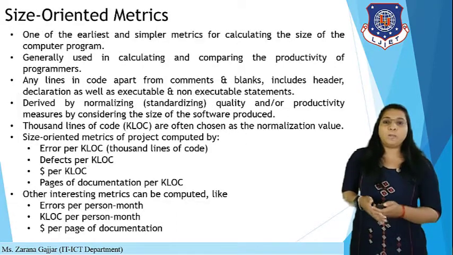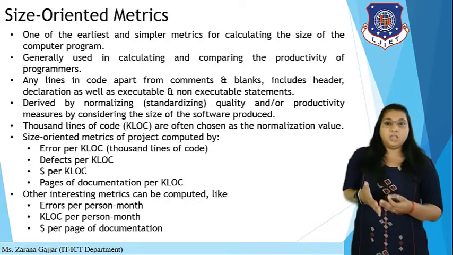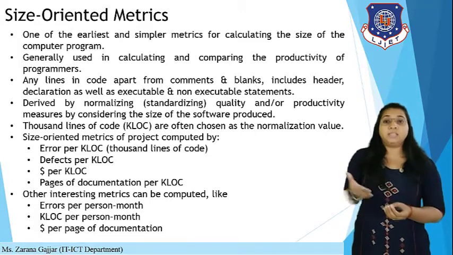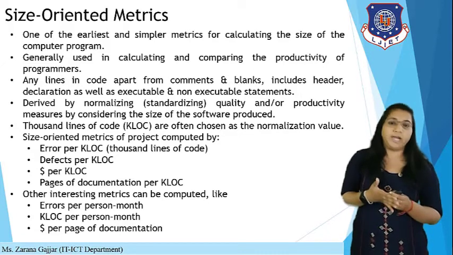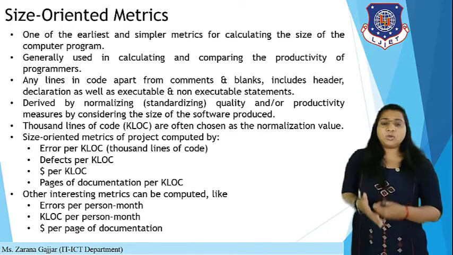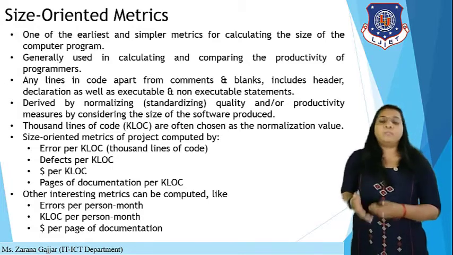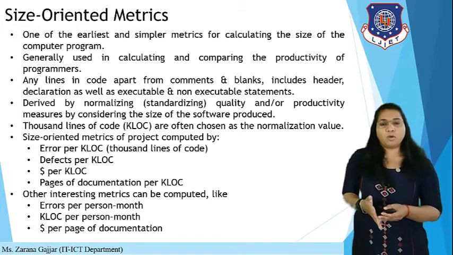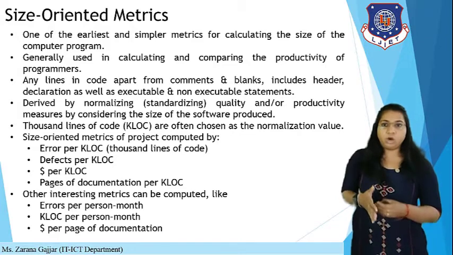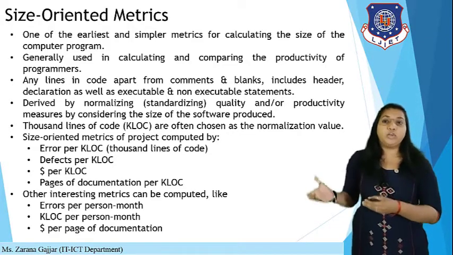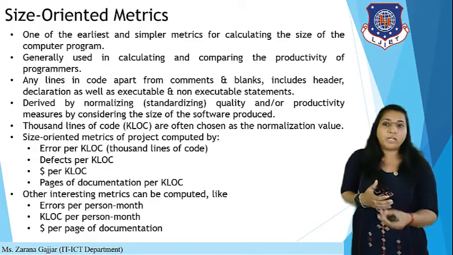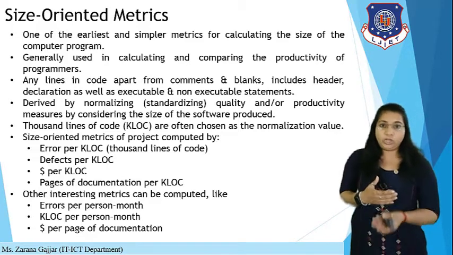So the first topic is size oriented metrics. One of the earliest and simplest metrics for calculating the size of a computer program is the size oriented metric. Basically, size oriented measures are derived by considering the size of the software that has been produced. Generally, size oriented metrics are used in calculating and comparing the productivity of programmers.